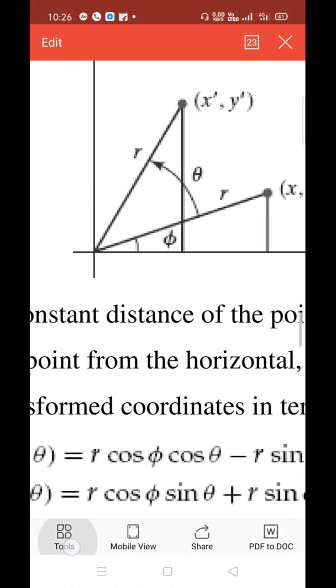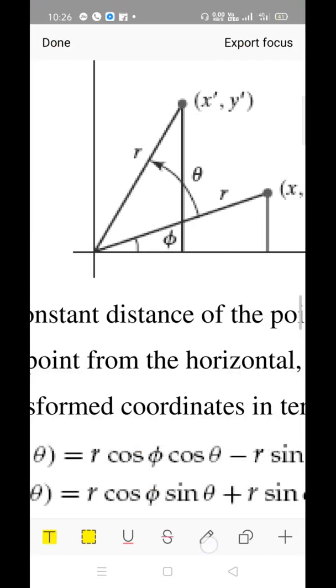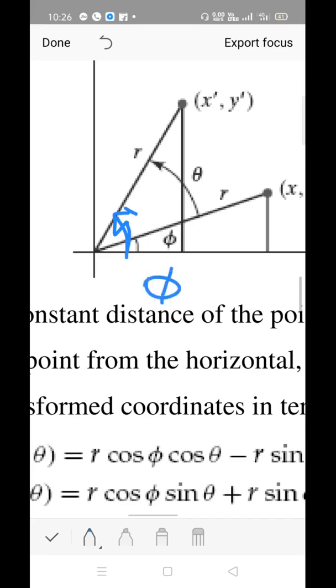What is the total angular displacement? Now I'll highlight it. So this is x dash, from the x-axis from here to here. What is the angular displacement? This is phi plus theta. From here to here we have phi, right? And from here to here we have theta. So phi plus theta.